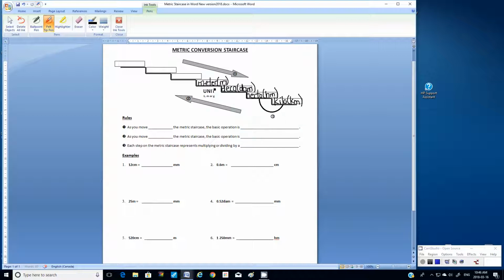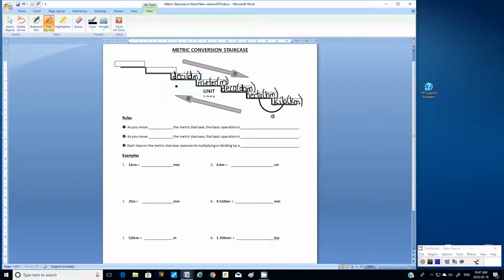Okay, so let's go back to the middle step and let's move up the metric staircase. The next unit that's smaller than meter is called a decimeter. So DECI, and the symbol is DM, decimeter.